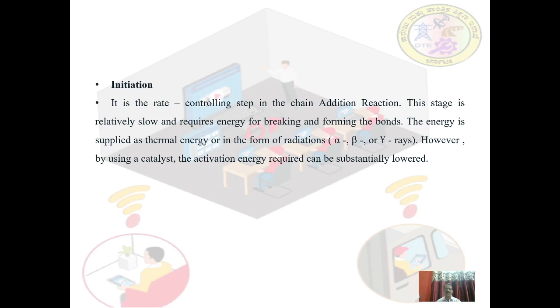So this is the initiation. Here, n monomers of A, when energy is supplied, alpha, beta, gamma or thermal energy, it gets initiated. The star mark indicates the initiated monomer.